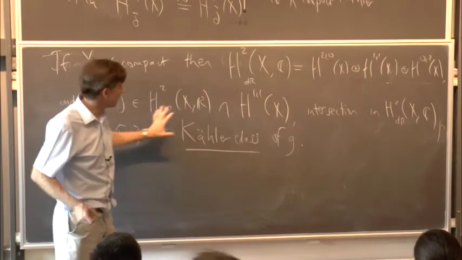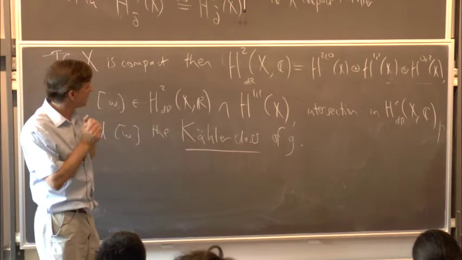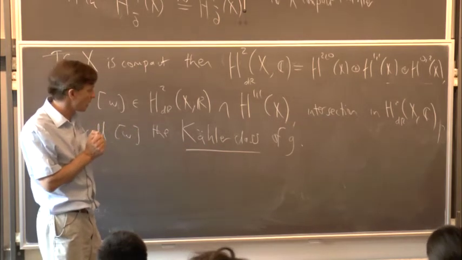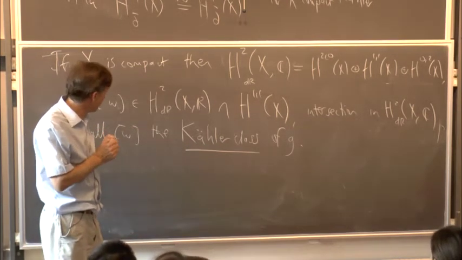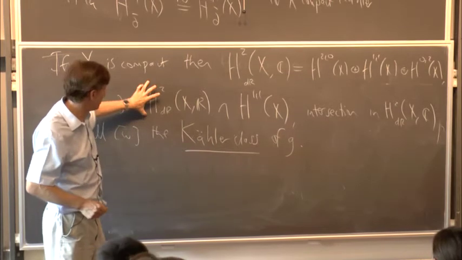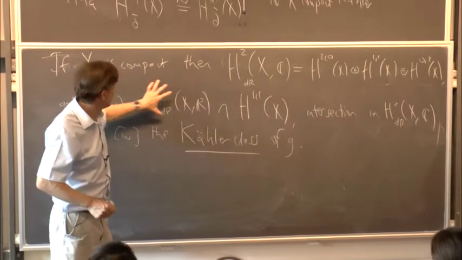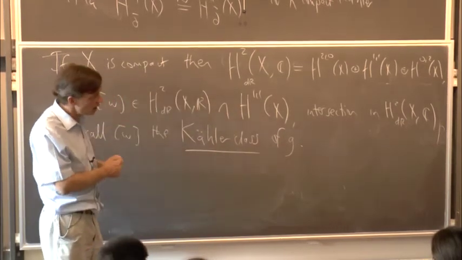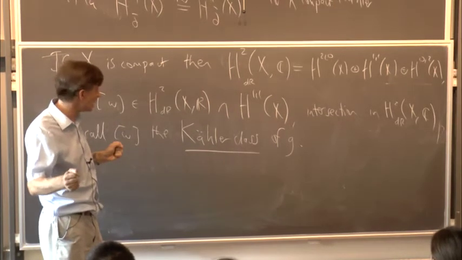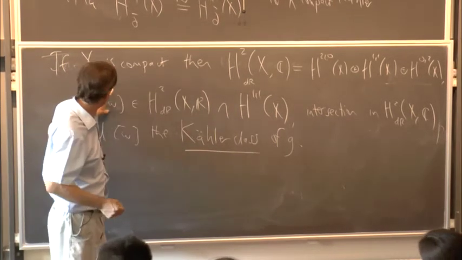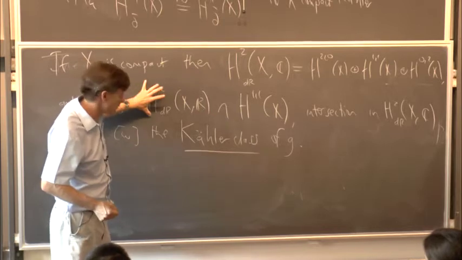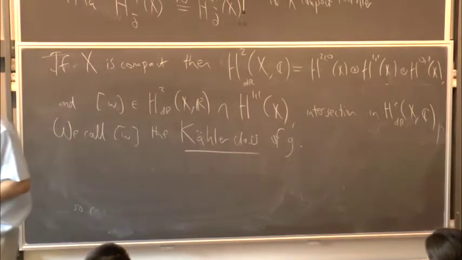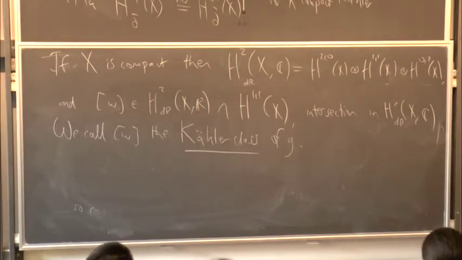Sometimes by the Kähler class, you just mean the set of all Kähler metrics realizing a fixed cohomology class. So you might say g₁ and g₂ are in the same Kähler class if ω₁ and ω₂ are in the same de Rham cohomology class. So both things get used like that.